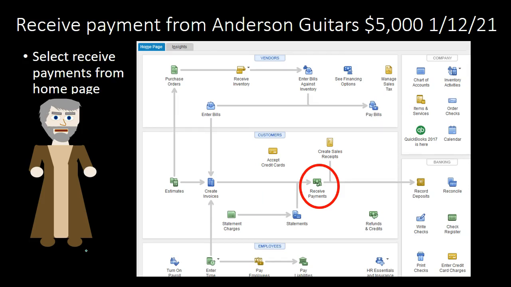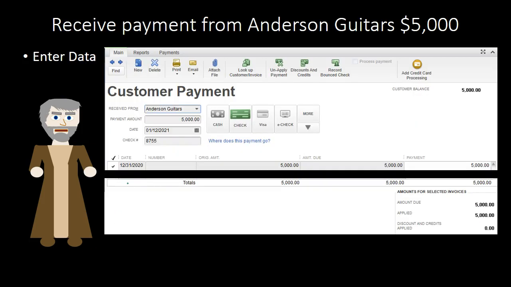When we look at that data input screen, it would look something like this. And once again, all we need to do is just enter the data, and accounting software will typically make this process very easy. Meaning, if, for example, we received a check in the mail from Anderson Guitars here, that being the customer, we would just have to fill out Anderson Guitar, and then the system would say, hey, we have an invoice that happens to be for $5,000.